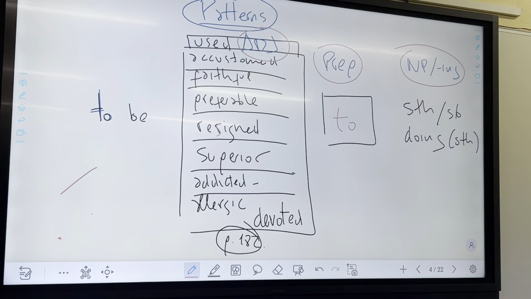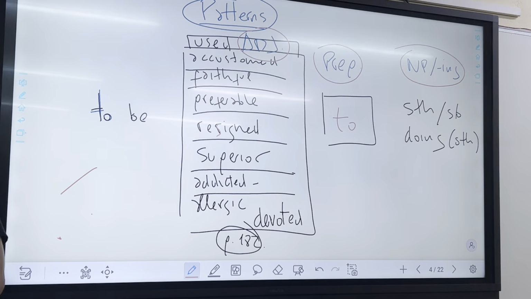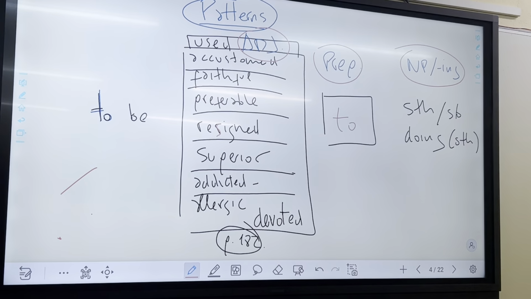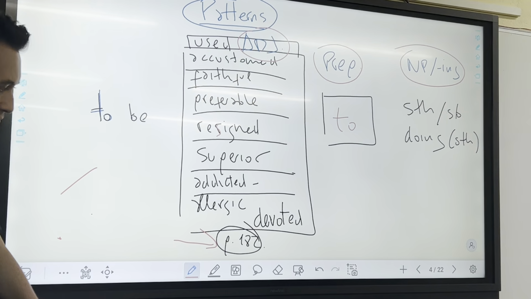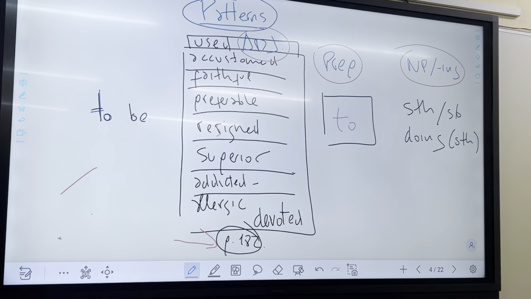So far so good? One second. We're good, yeah? You're gonna learn a lot of patterns today. Don't worry too much. You can always go later, yeah? At home, you can go later to page 182 and you will have a lot of patterns there, prepositions.